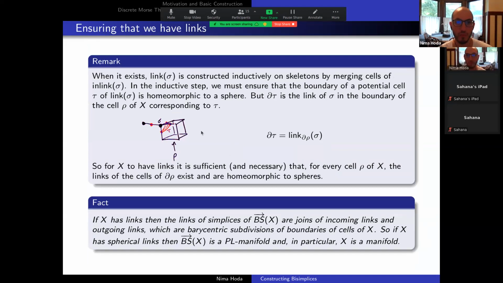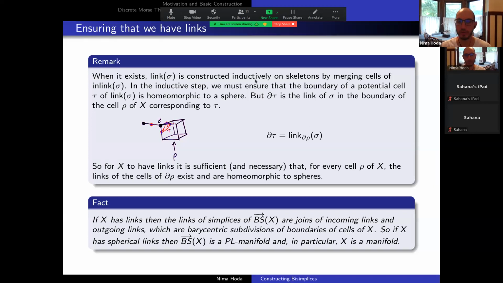Let's think about this a little bit more. How would you think about constructing the link? Well, we do it by merging cells, right? We have something that we hope is the barycentric subdivision of a cell complex, and we merge appropriate cells. Well, we merge things corresponding to outgoing links. And we do that inductively on skeletons.